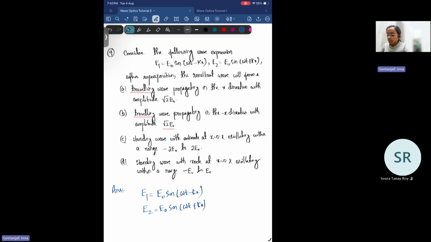After superposition, the resultant wave will form: option A, a traveling wave propagating in x direction with amplitude square root E0; or a traveling wave propagating in minus x direction with amplitude square root E0; or a standing wave with antinode at x equal to 0 and oscillating in the range of minus 2E0 to 2E0; or a standing wave with node at x equal to 0 and oscillating within a range of minus E0 to E0.